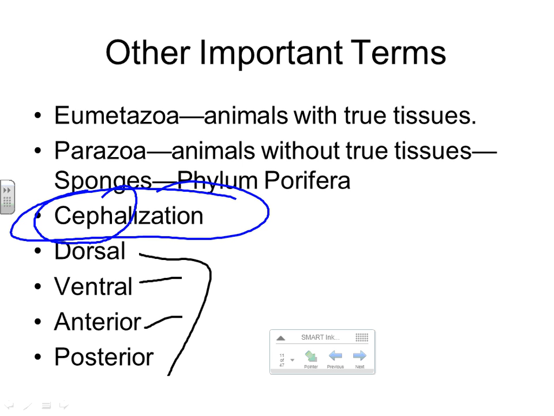Anterior means the front, which in a four-legged animal would be that head side. And posterior would be the tail side, the back end. Not the back as in backbone, but the back end. So make sure you know those terms. Dorsal, the top along the backbone. Ventral, the belly side. Anterior, the head side. And posterior, the tail side.